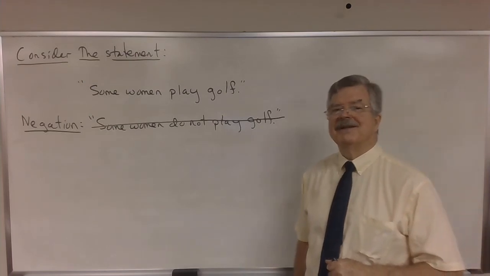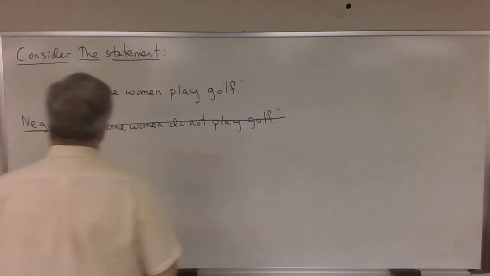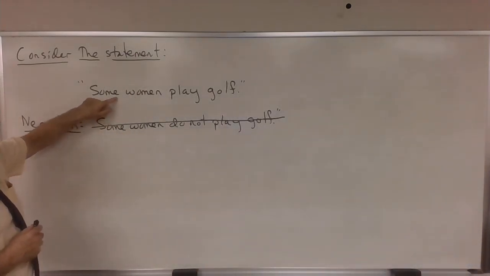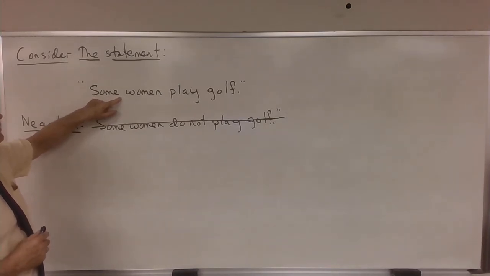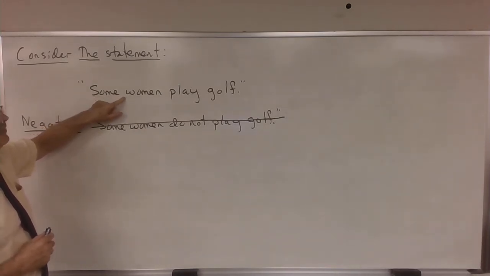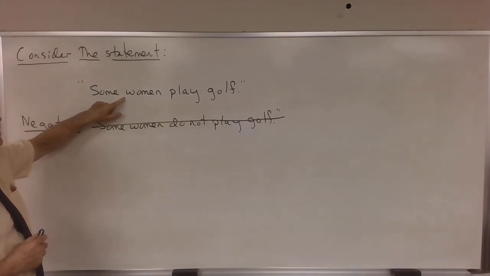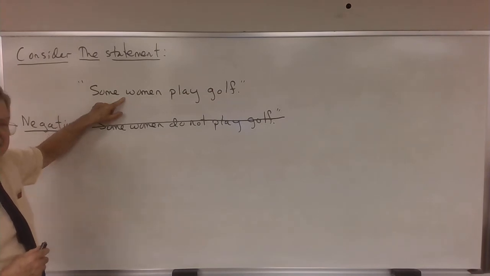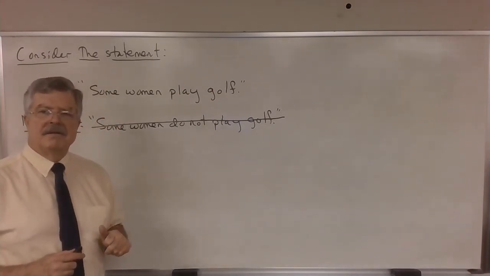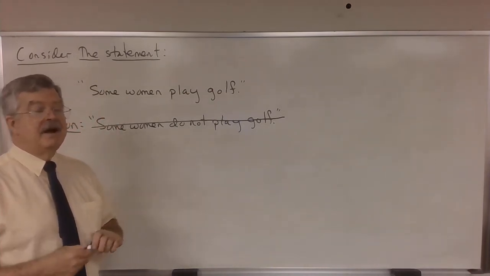What do you think? Another way of saying this is at least one woman plays golf. Well, the only way that could be false is if what? No women played golf, right?